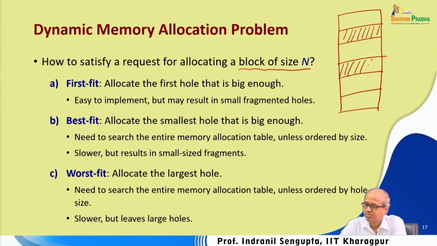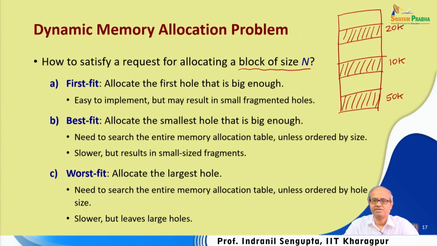Let us say there are 3 holes here. The size of the first hole is 20 kilobytes, the second hole is 10 kilobytes, and the third hole is 50 kilobytes. Let us consider a scenario like this.